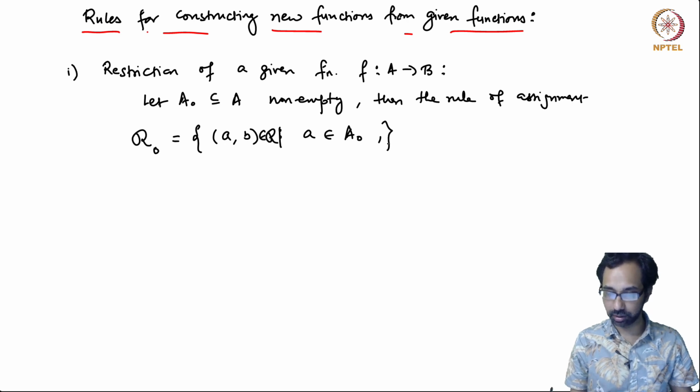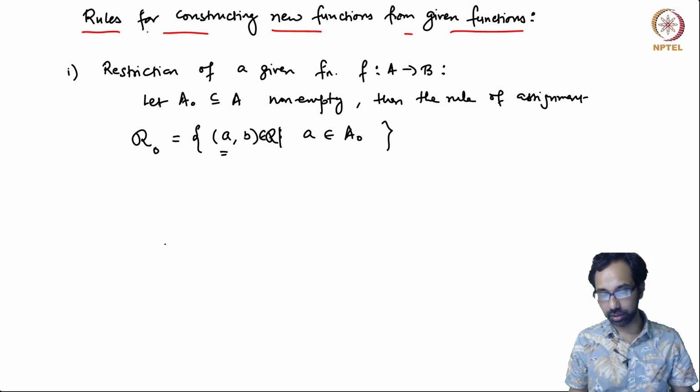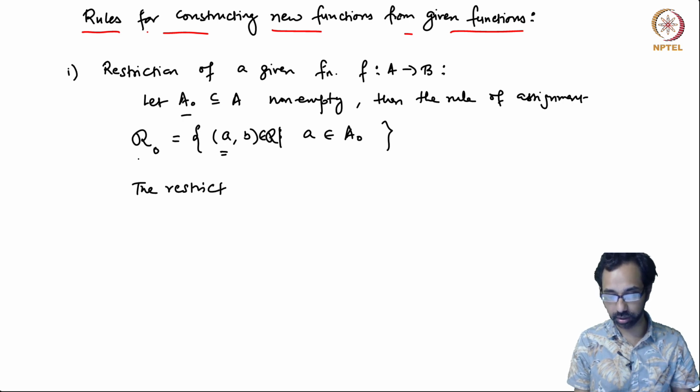Okay, so you're just restricting all these elements of the relation A comma B, for which the first element belongs to this subset A naught, and usually it is denoted the restricted function. So there is a function associated to this rule of assignment now.